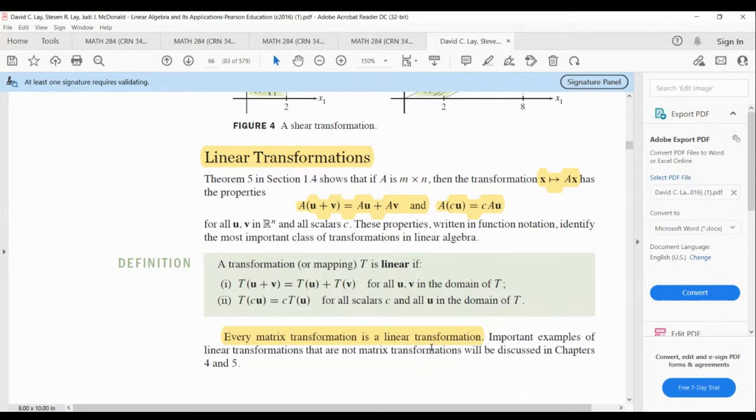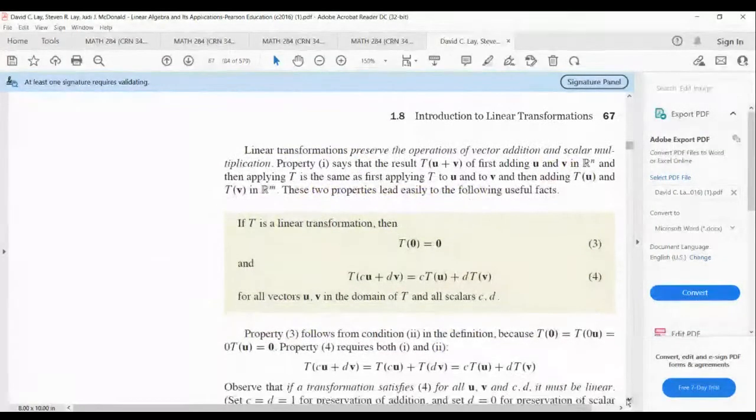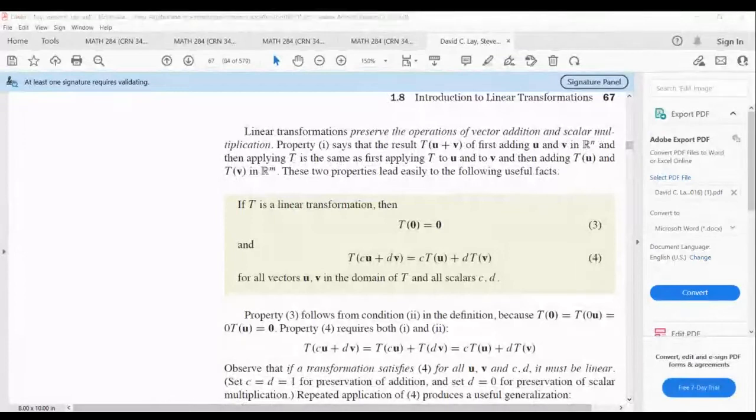Okay, so there are some important properties that can be shown for linear transformations, and here are two of them. If you transform the zero vector under a linear transformation, you get back the zero vector.